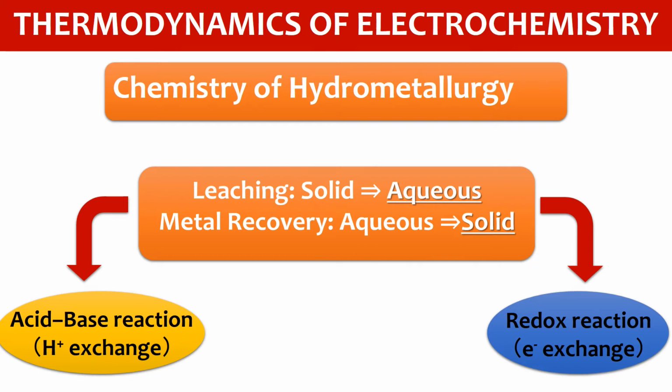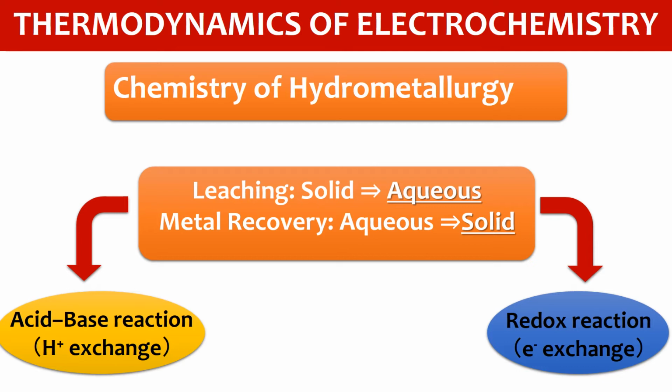So the chemistry of hydrometallurgy is mainly based on leaching and recovery. Of course, there's an important step between them. But what I need you to understand is that leaching and recovery are two opposite processes.